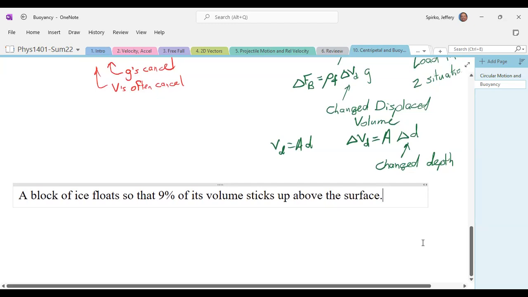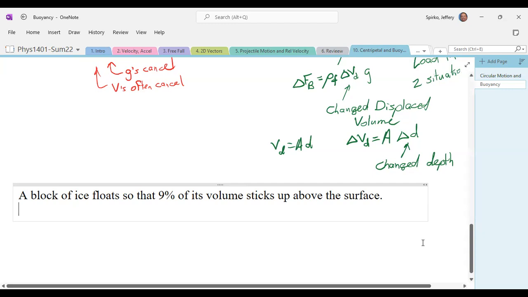So let's say that a block of ice floats so that about 9% of its volume sticks up above the surface. I think it's like 10% sticks up above the surface. That's the thing they call the tip of the iceberg.